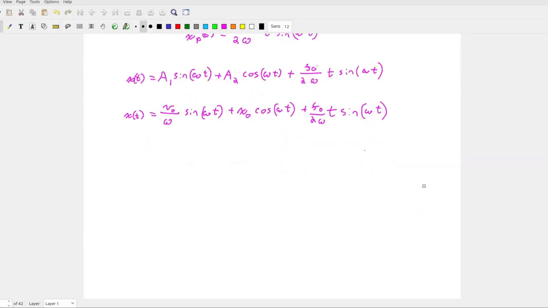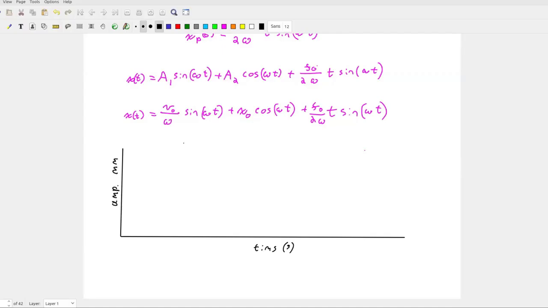So if I were to go ahead and plot this out, I might have something that looks like this. Time in seconds. And let's go amplitude, millimeters, but doesn't particularly matter. And let's just go, I've got a 0 line.